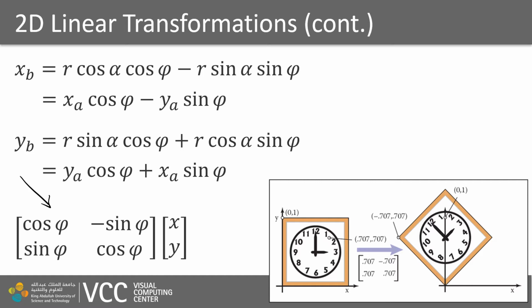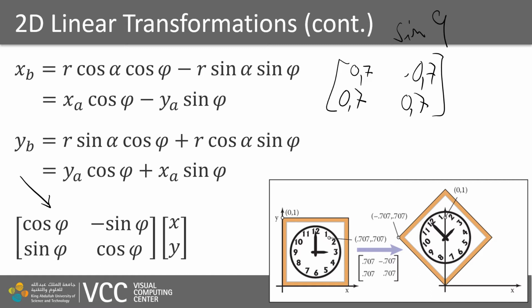So we can have this one particular rotational matrix, which is 0.7, minus 0.7, 0.7, and 0.7. This matrix is where the sine phi is equal to cosine phi, and that is when phi equals pi over 4, 45 degrees.